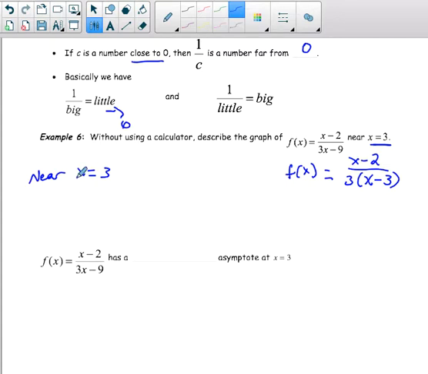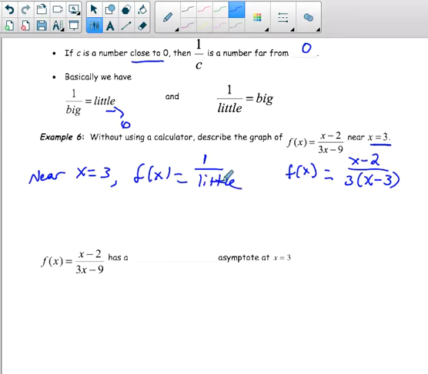the denominator gets to be a really small number, right? Because I have 3 times a really small number is going to be small. And then I'll have 3 minus 2, which will be a number close to 1. So near x equals 3, f of x, we have the case where it's 1 over little.